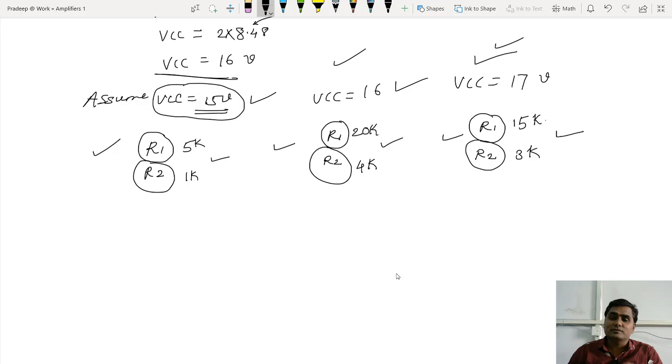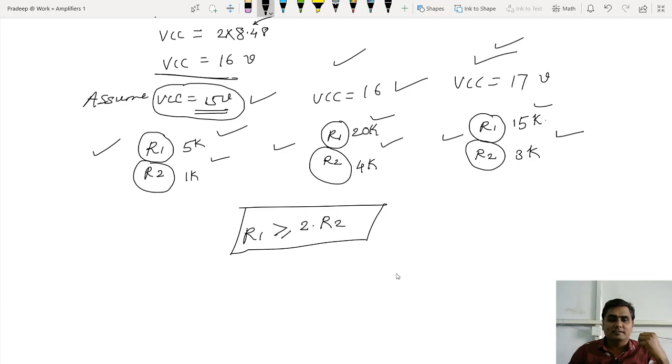I'll say this is also okay. See, values are completely different, 5k, 20k, 15k, but still all values are correct, because what I am checking is that the value of R1 should be greater than or equal to minimum twice the value of R2. That's what I check generally.